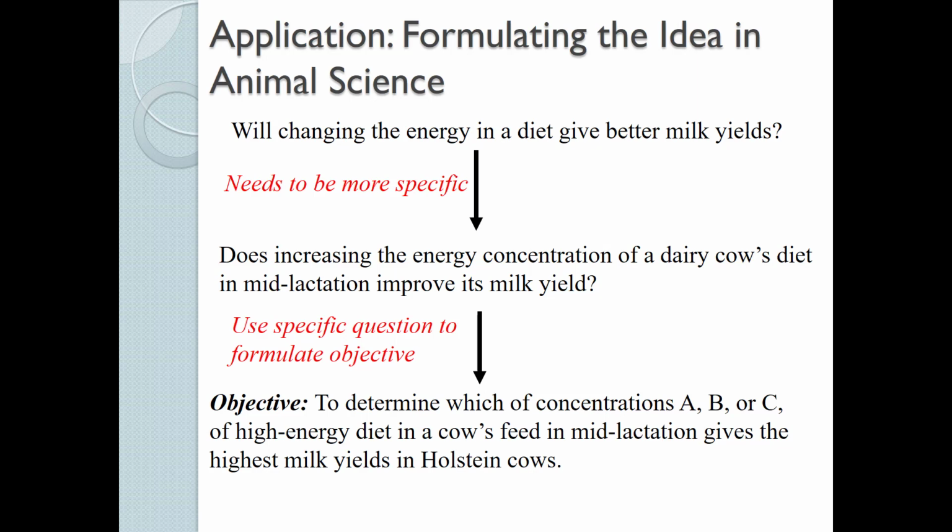And so we change that question into a sentence, and that objective then reads, to determine which of the concentrations, A, B, or C, of a high energy diet in a cow's feed in mid-lactation gives the highest milk yield in Holstein cows. And so that initial question becomes actionable by just going through the process of creating a very specific objective.